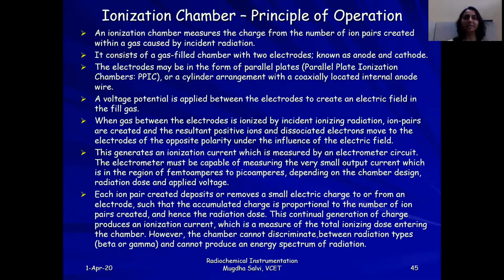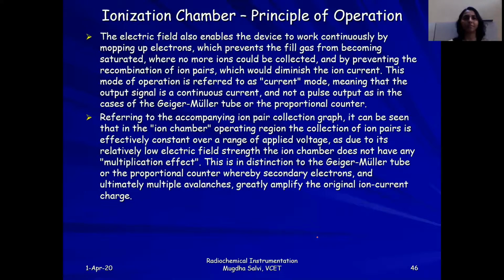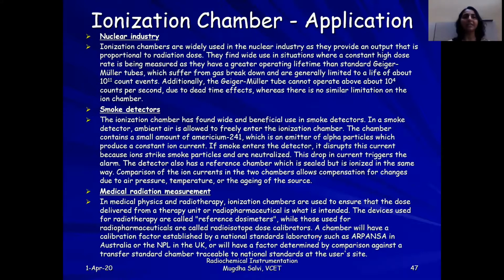This is a detailed explanation of the ionization chamber, which you can go through later on. These are the various applications in detail where ionization chambers are used. They are used in the nuclear industry, in smoke detectors, and in medical radiation measurement from the application point of view.